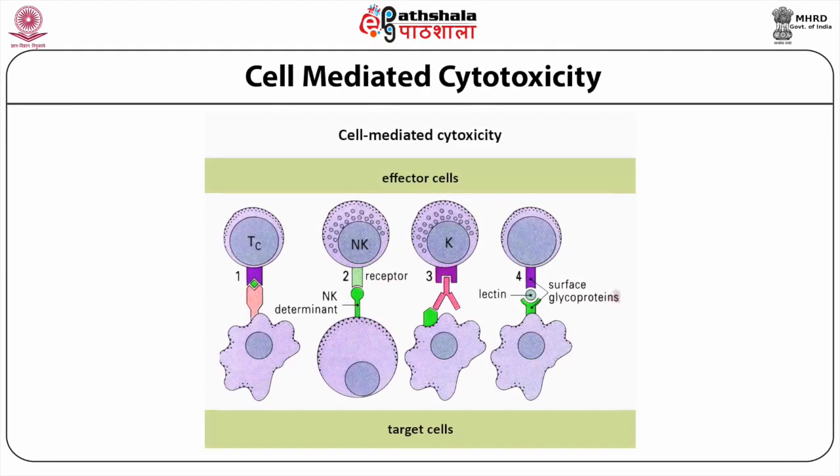Cell mediated cytotoxicity operates through not only Tc cells but other lymphoid and myeloid cells as well. It may bring some clarity if we look at the way these cytotoxic cells bind to the target cells. Specific antigen derived peptides along with MHC proteins are targeted by Tc cells via their TCR.